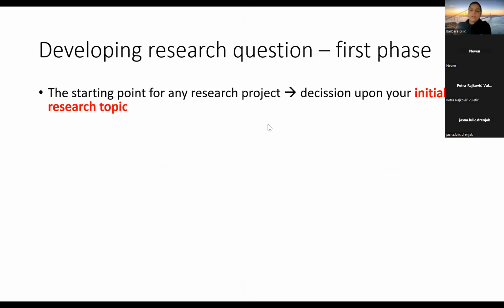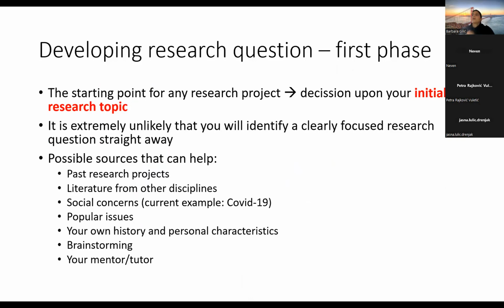How do you develop a research question? The first stage is to decide your initial research topic. So this is the first stage of any research process. I also have to emphasize that it is very hard to identify a research question straight away, and possible sources that can help you to get your research question are the following.